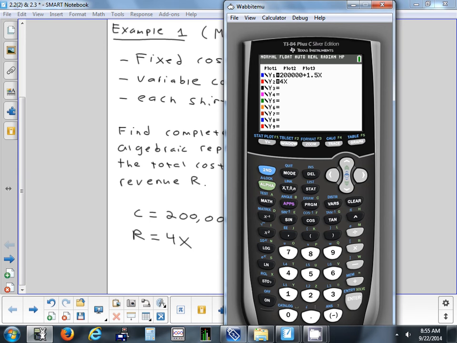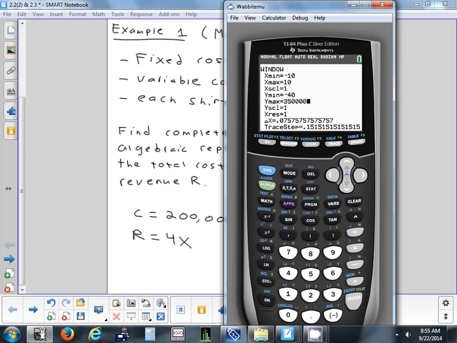No. The y-axis is my costs. I know that at a minimum, y1 has a y-intercept of 200,000. So let's set our y max. Let's try maybe 350,000 for now.